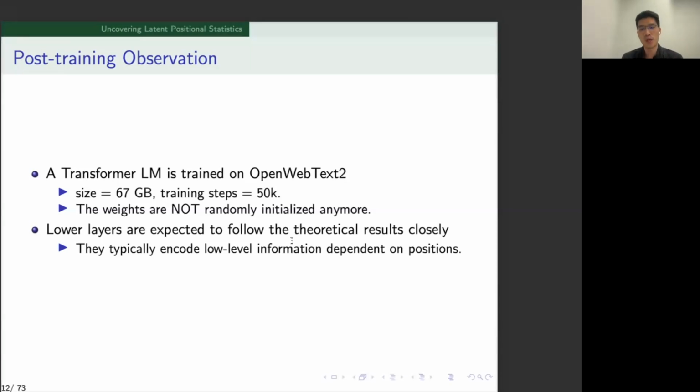I took a transformer language model and trained it on the OpenWebText2 dataset for 50K steps, so the weights are not randomly initialized anymore. I expect the lower layers to follow the theoretical results closely because, as we know, low-level information is dependent on positions.